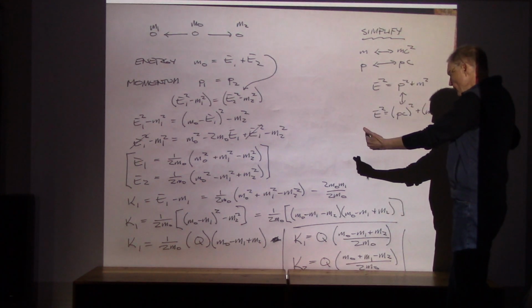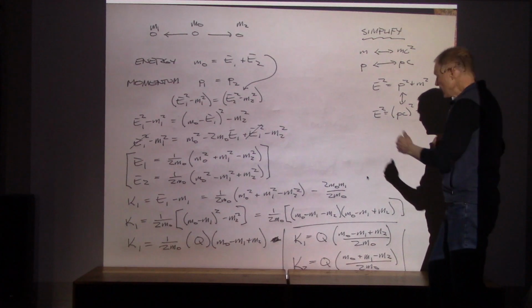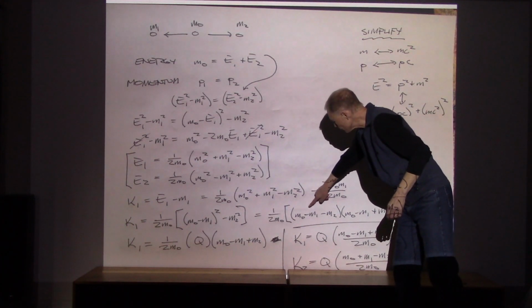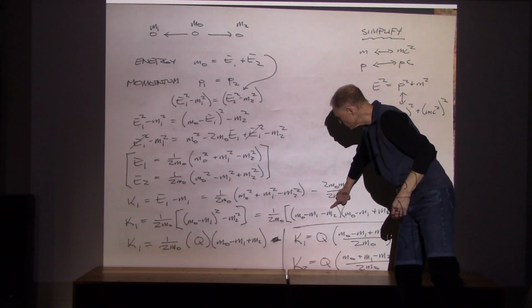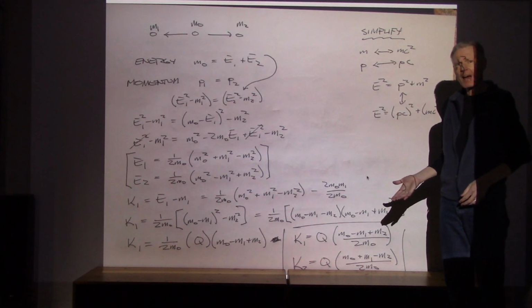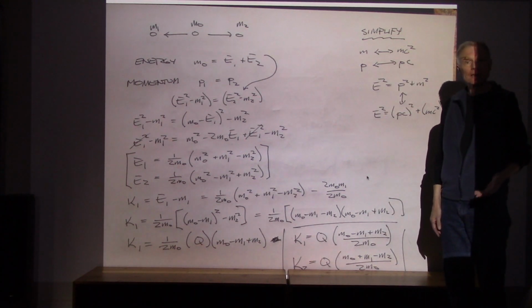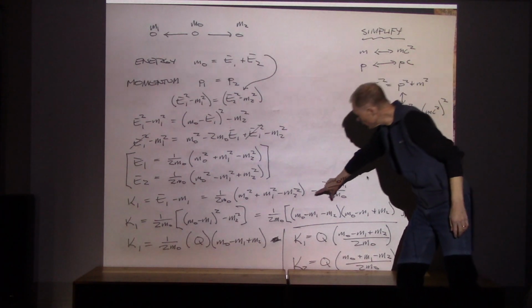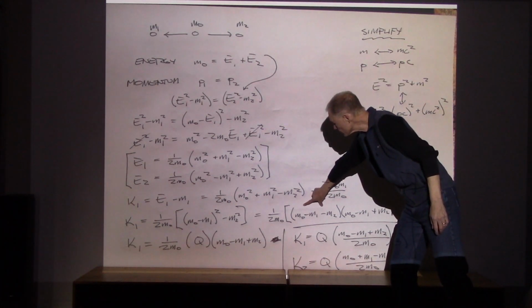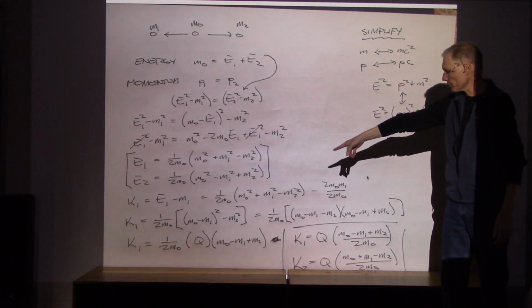I did that intentionally because m naught minus m1 minus m2 is our missing mass. So that's actually equal to Q.